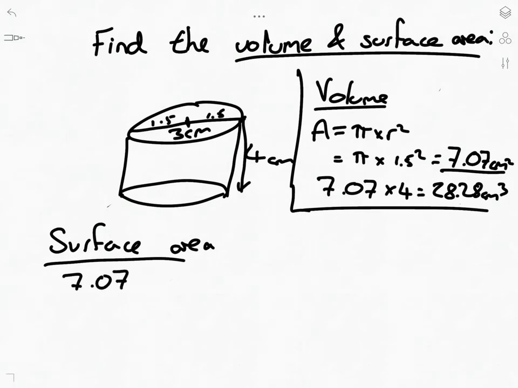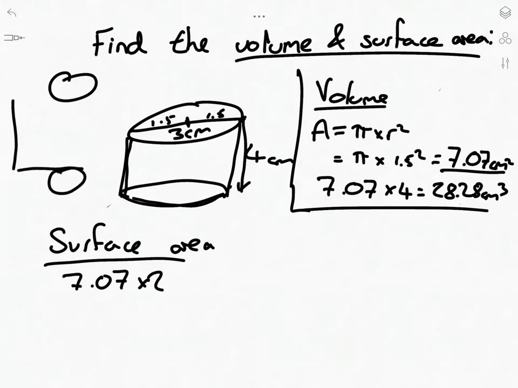So we have 7.07 times 2 for the top and the bottom. And we're going to add this. If we imagine a net of a cylinder, it becomes like this.